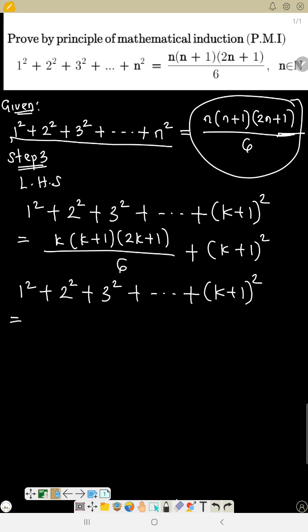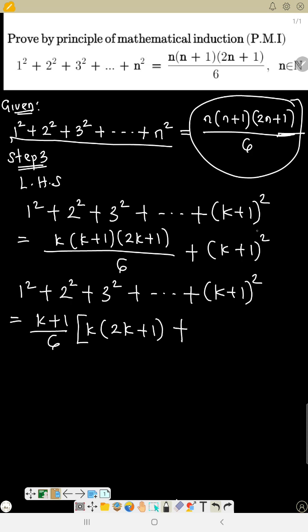So this will become k plus 1 divided by 6, then open a big bracket. If k plus 1 over 6 is common here, it will remain k and 2k plus 1 there. So that means it will remain k bracket 2k plus 1.